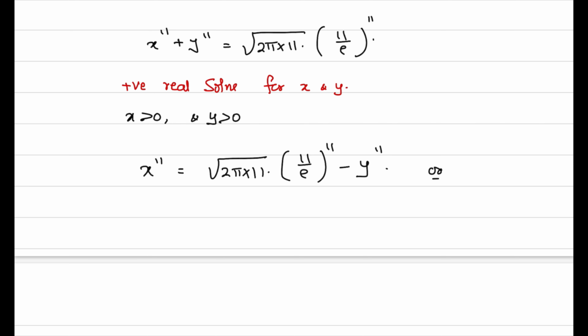Or we can say y to the power of 11 is equal to square root of 2 pi into 11 into 11 by e to the power of 11 minus x to the power of 11.